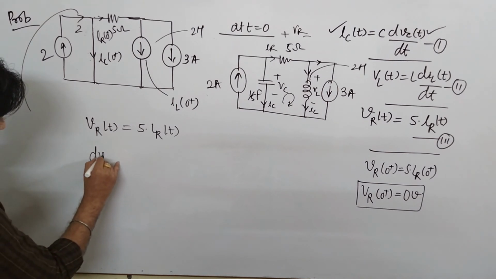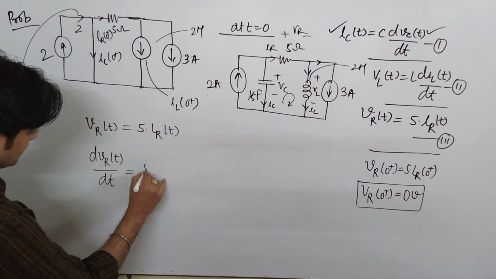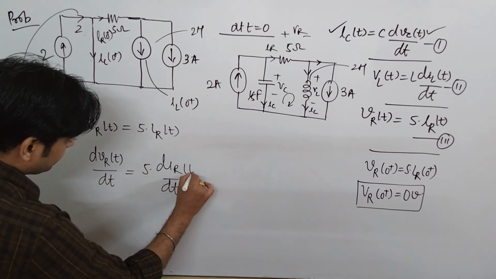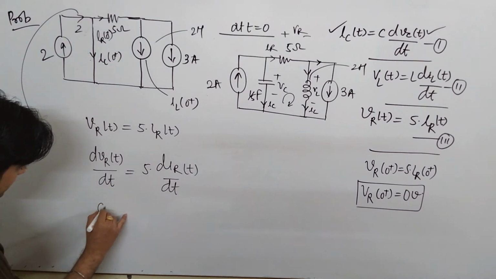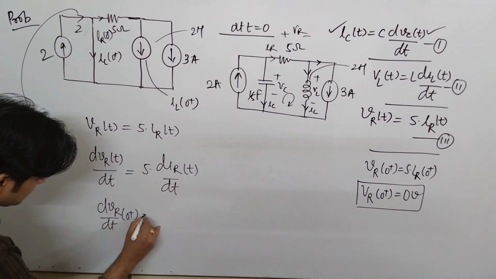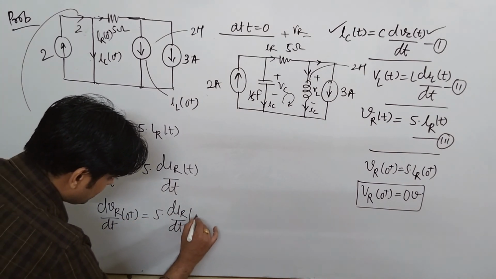And if you differentiate it, this comes to be dVR(t) upon dt is equal to 5 into dIR upon dt. And if you put t equal to 0 positive, dVR upon dt at 0 positive is equal to 5 into dIR by dt at 0 positive.